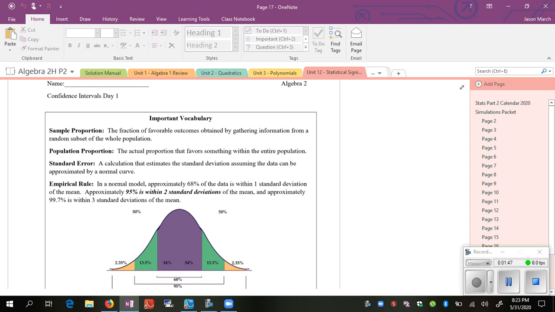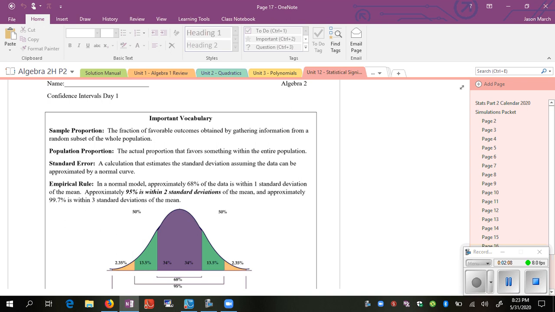For example, if I wanted to know how the entire population of New York State felt about the new budget that was coming up, then I'd have to take a sample, because that's a small subset of every single eligible voter in New York State.